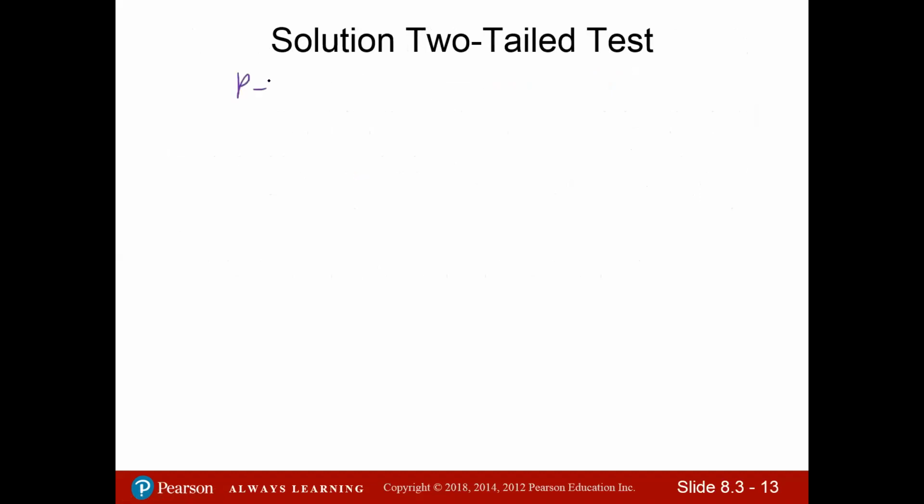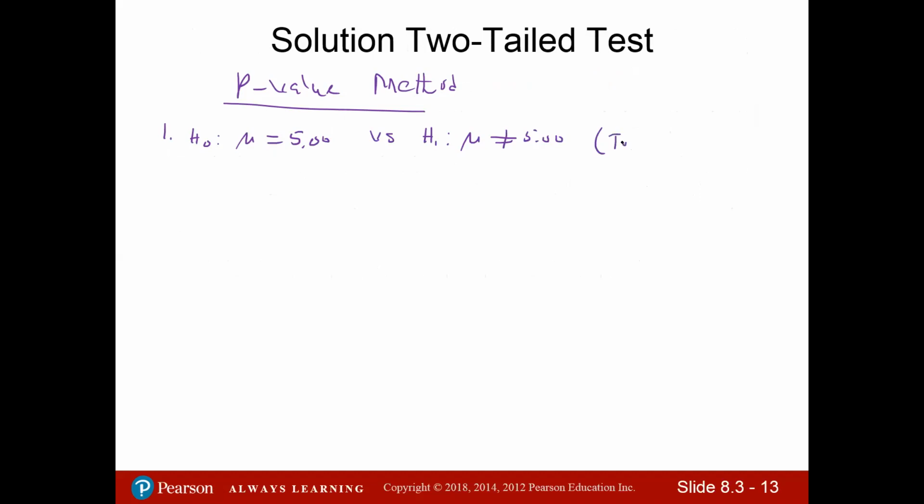So let's do the p-value method. H0: mu is equal to 5.00. The alternative is H1: mu is not equal to 5.00. So that is why this is a two-tail test.